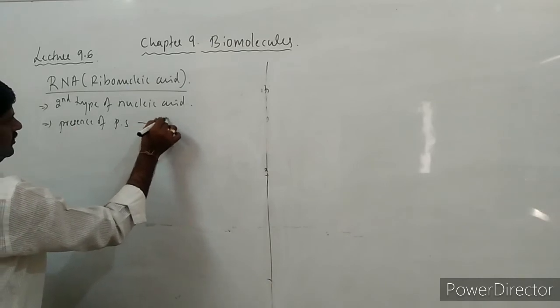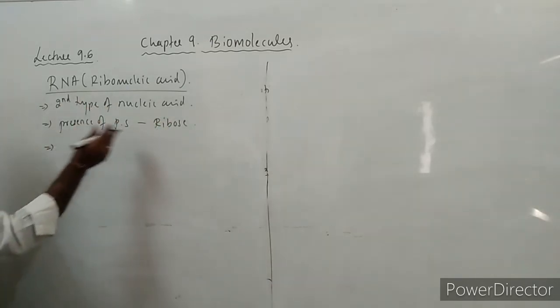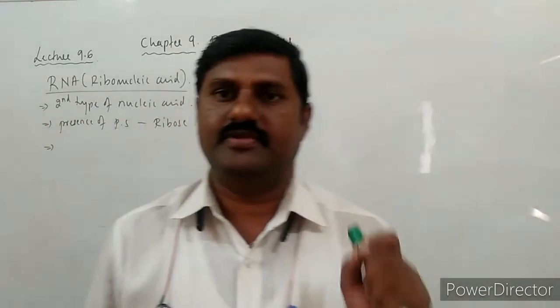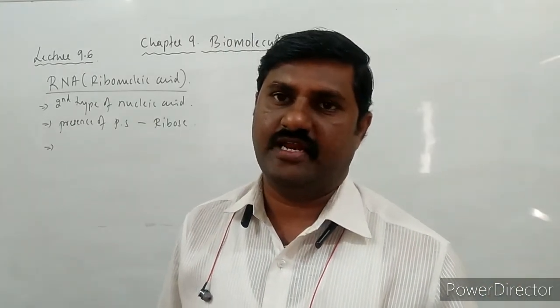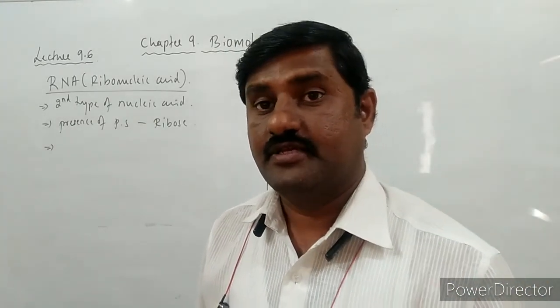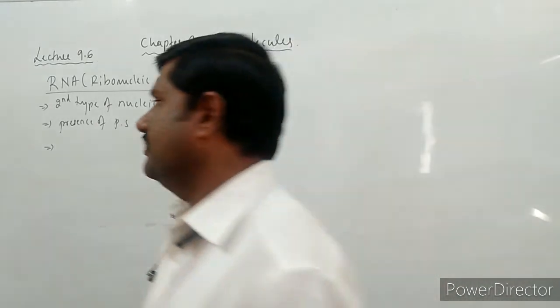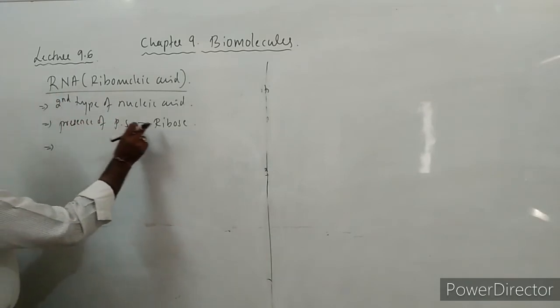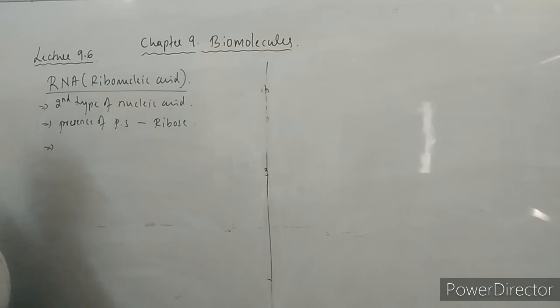Ribose is the pentose sugar present in RNA, but in DNA deoxyribose is the pentose sugar. Apart from this, the nitrogen bases and phosphoric acid are the same. Since phosphoric acid is there, they are acidic in nature, as already mentioned. So RNA differs from DNA because of the presence of this pentose sugar.